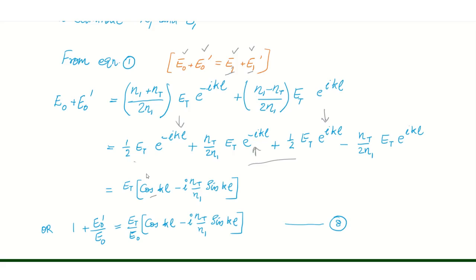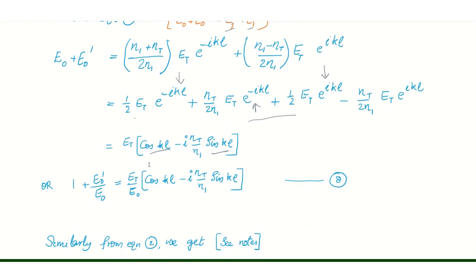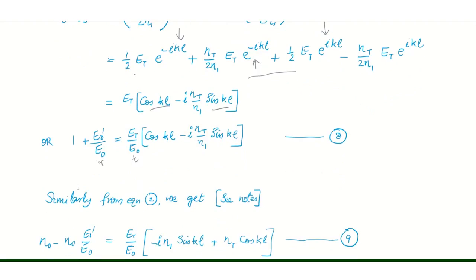Then you get two terms with cos and i sine, and this is what you get. Or if you simply rearrange it, because E0 prime over E0 is R, and this is T, you can write it in terms of R and T. That's why we use this form.